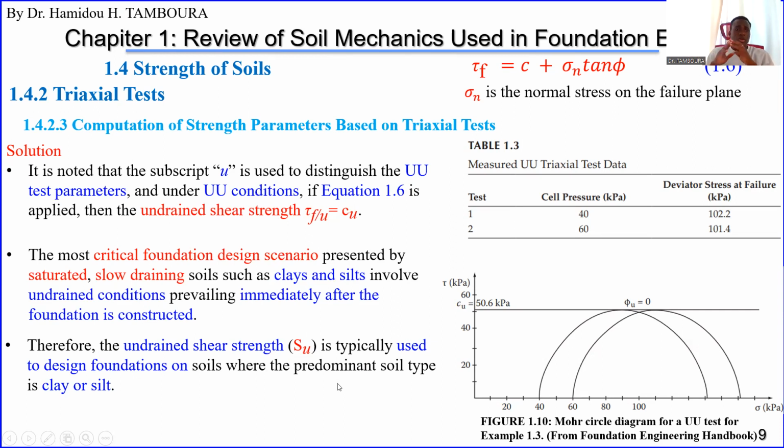If you are designing your foundation, and the lab test or field test has shown that the soil on your construction site is clay or silt, it's better to consider that the shear strength of your soil is the undrained shear strength, and you ask the lab to do the UU test and give you the value.